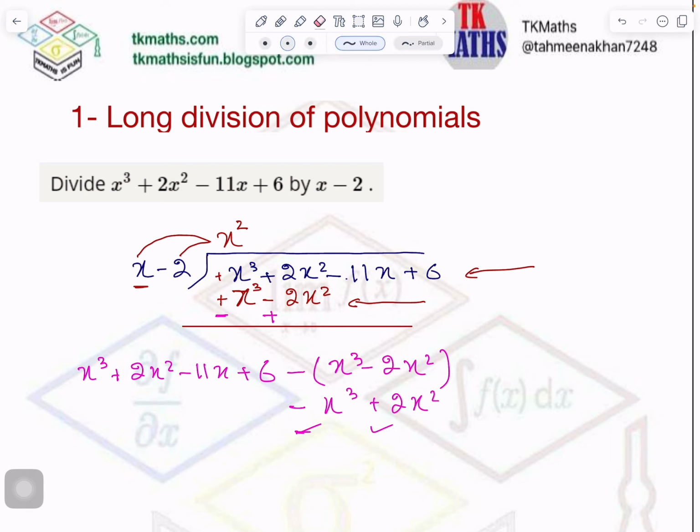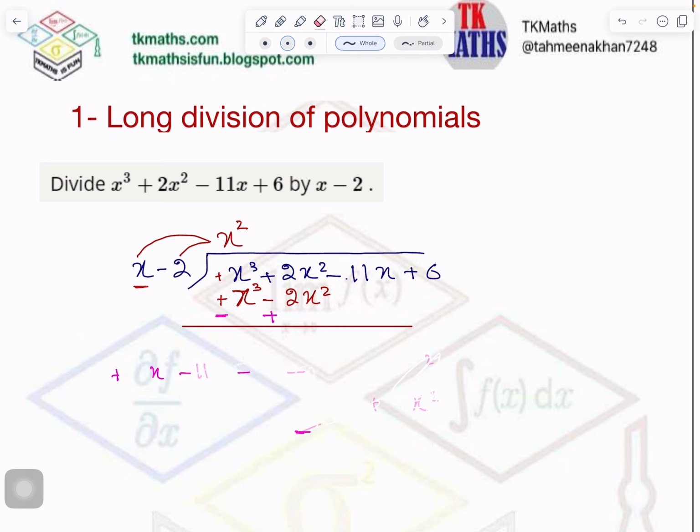That's why I've written it in pink. The sign is changing. Now when I subtract, this will cancel out. This is plus 2x squared, oh sorry, plus 2 is 4x squared. And this one will come as it is.